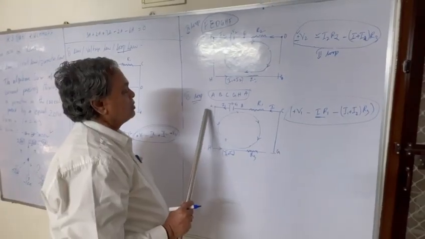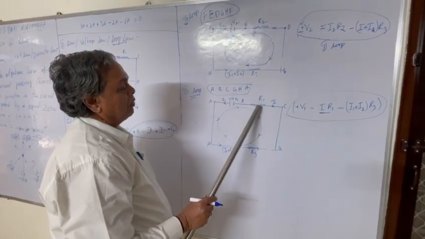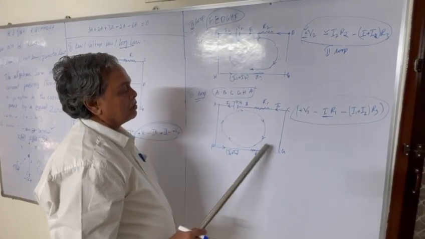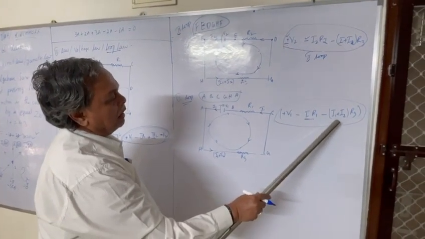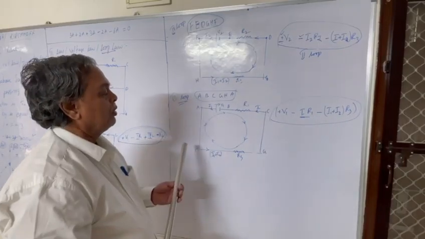How many elements are there? Battery is one element, the second is a resistor, and the third is also a resistor. Here also there are three elements. That's why the voltage terms are I1 R1 and (I1 plus I2) R3.